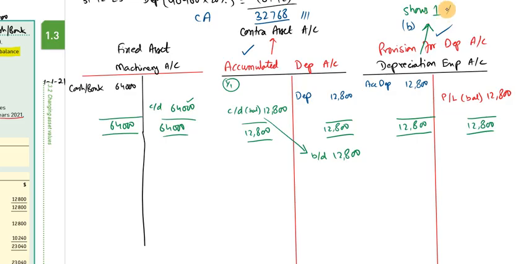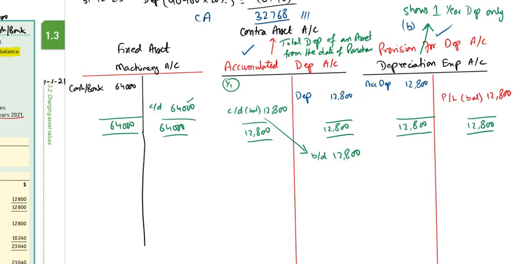And this accumulated depreciation account will tell us the total depreciation of an asset from the date of purchase. So these are all the closing entries of year one.